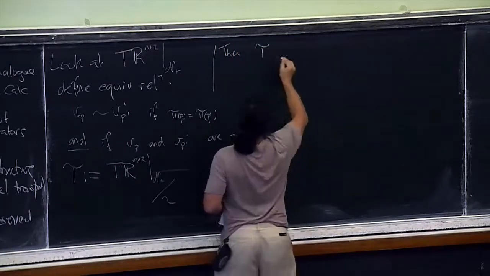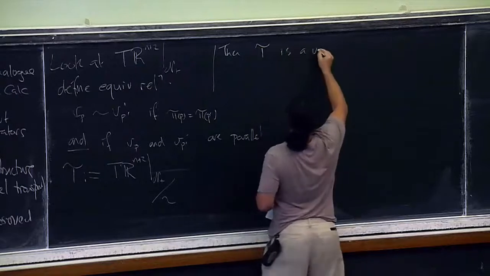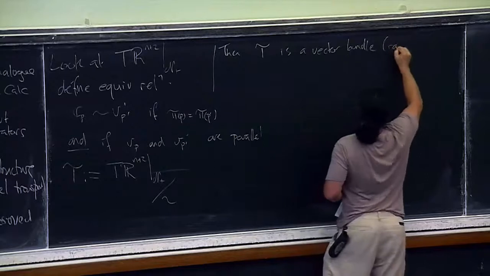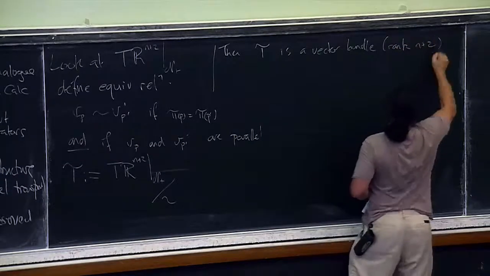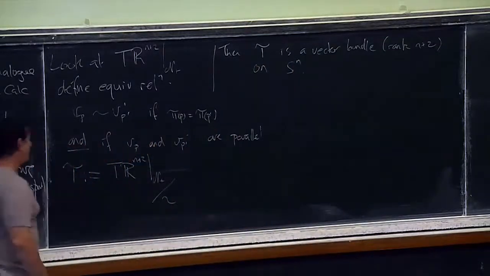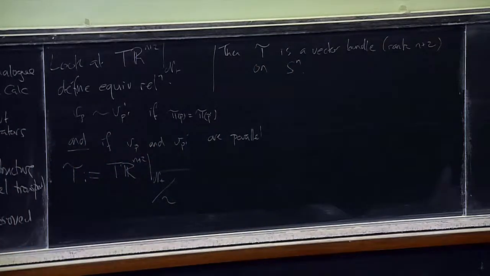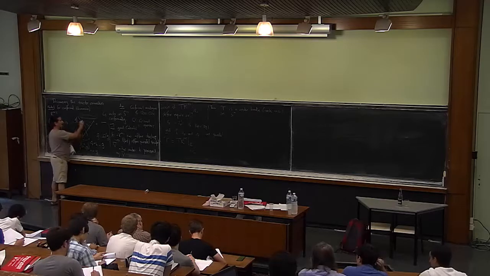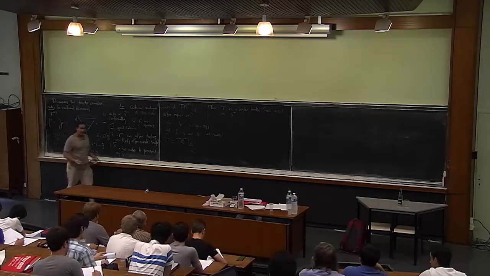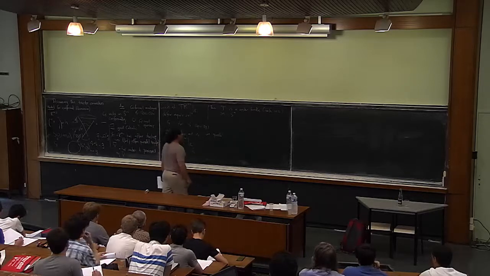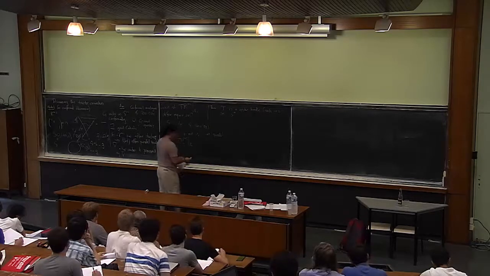Then T is a vector bundle, obviously of rank n plus 2 on the sphere. Well, it's obviously a vector bundle because if you take a section, you can identify it as a vector with its restriction to a section up here. And then it's just the restriction of a vector bundle, so it's certainly a vector bundle on the sphere.